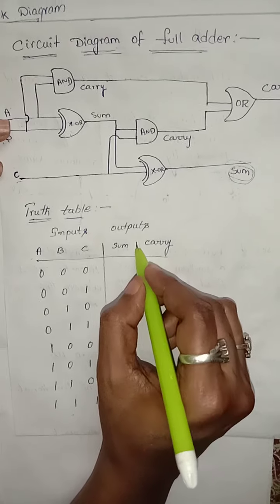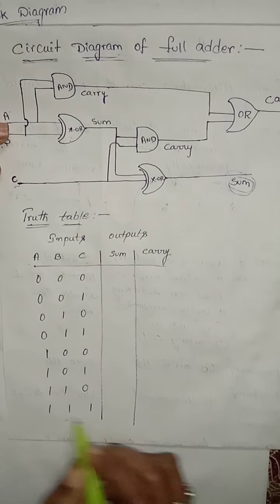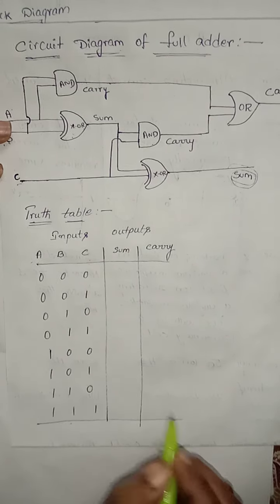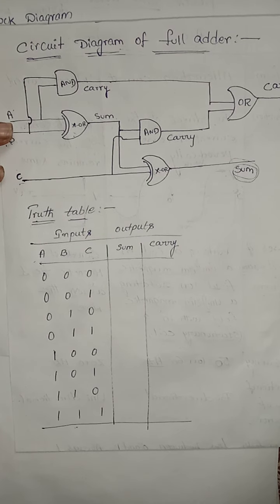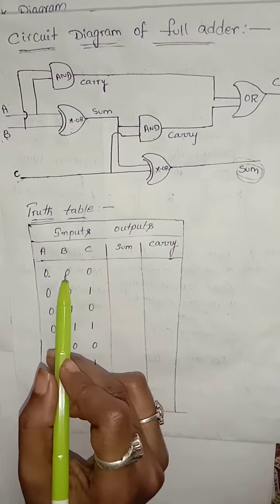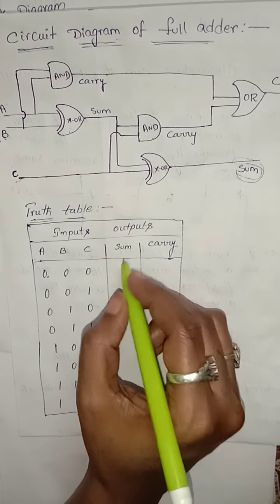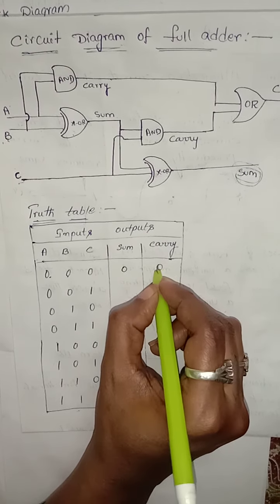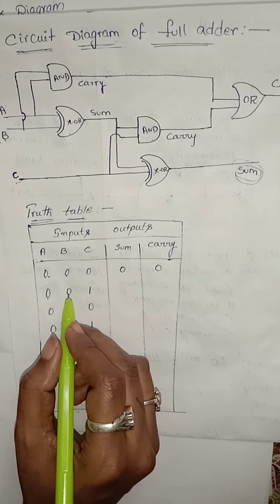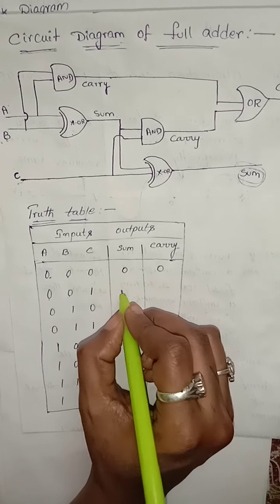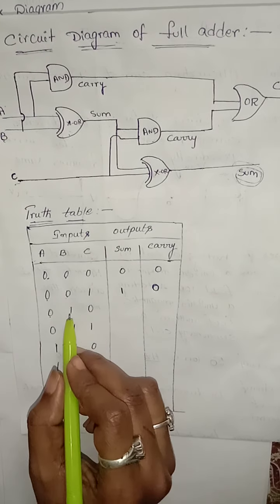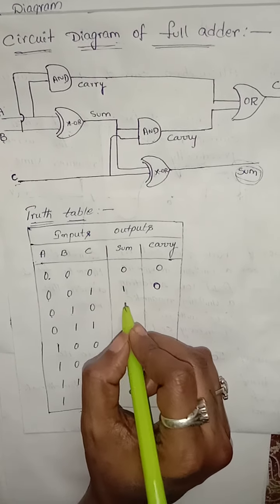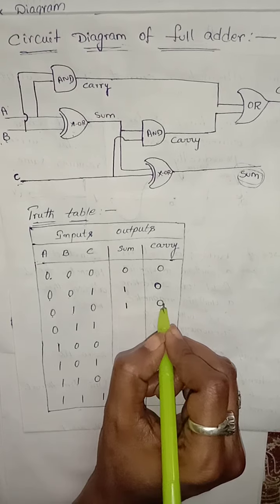Here, sum and carry. 0 plus 0 plus 0, sum 0, carry also 0. 0 plus 0 plus 1, sum is 1, but carry is 0. Next, 0 plus 1 plus 0, sum 1, there is no carry.